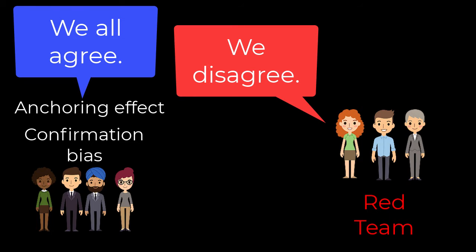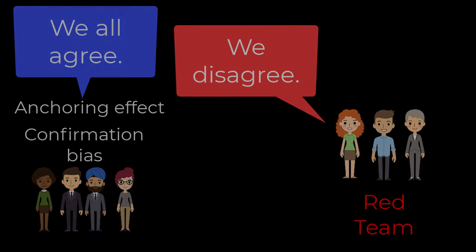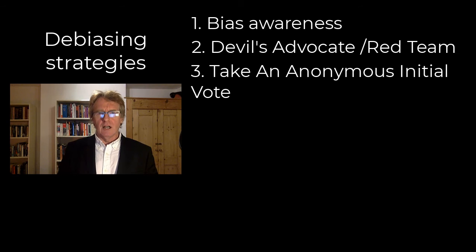The most effective red teams, research reveals, are those that genuinely believe that the alternative point of view is correct, so they're not just going through the motions. Authentic dissent really stimulates people to think more actively and more creatively, and that makes them less prone to biased thinking.